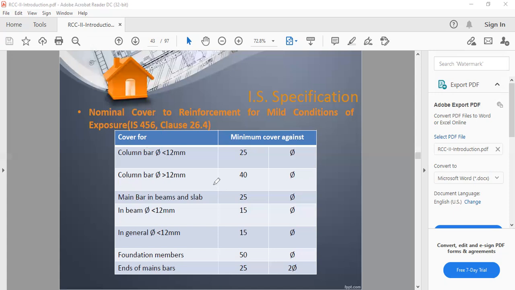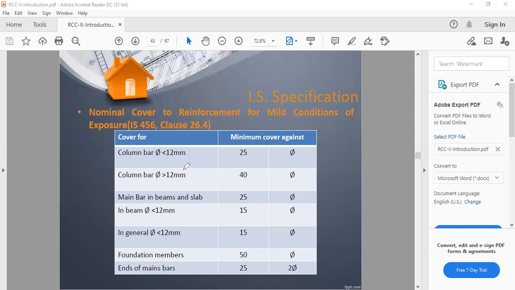If anyone goes through some of the older buildings, you may find that because of the less cover, the reinforcement bar is directly visible, and if that reinforcement bar is exposed to the atmosphere, most of the time you may find that it gets corroded.